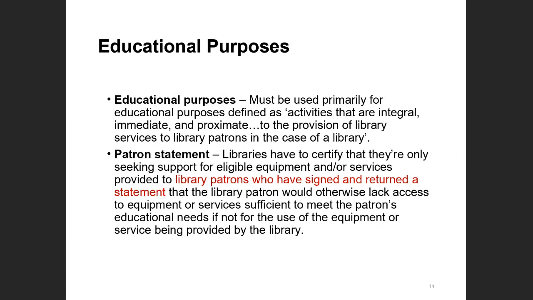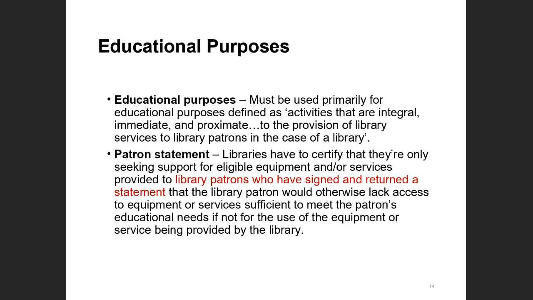Now here's the part where we start getting into some requirements that might make you pause. So in the final rules, the FCC decided that libraries are going to have to certify that they're getting funding for equipment or services to patrons who really need them.